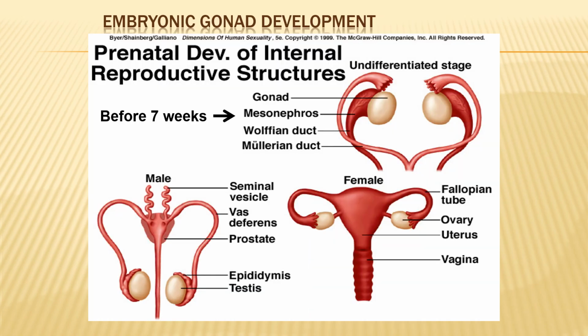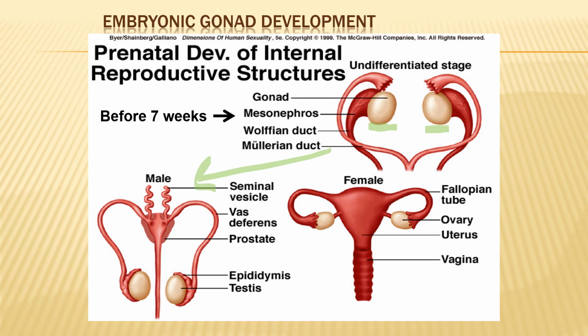So before 7 weeks, your gonads are undifferentiated. They're neither male nor female. So this would be the embryonic gonad. And if the SRY gene is activated, it produces a protein that converts the undifferentiated gonad into male testes.